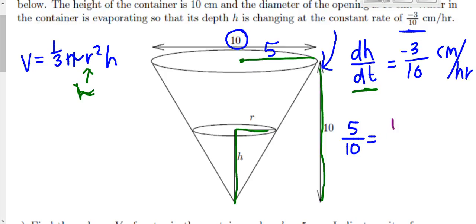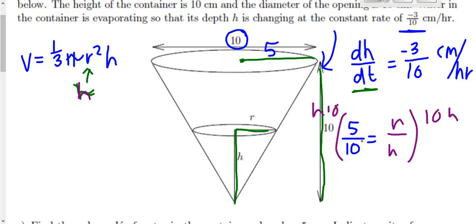So 5/10 is the same as any radius to height. So we know that we want r in terms of h, so we want to solve for r. Let's get these out of the denominator first. Let's multiply both sides by 10 and then both sides by h.